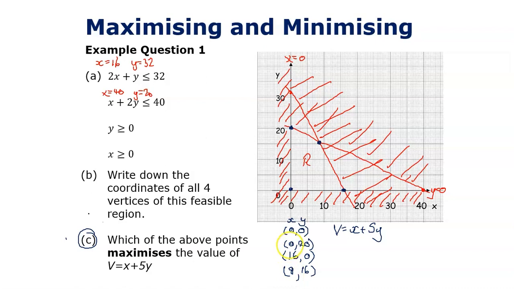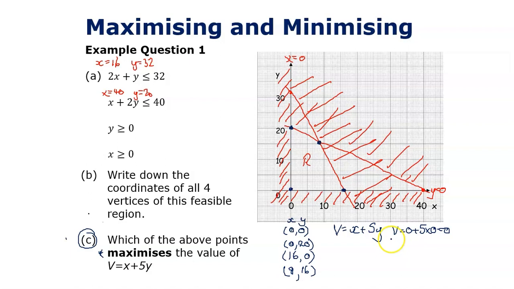And my job is to sub these coordinates into this, what's called an objective function, to find which one will maximize it. So let's sub these in. So I've got 0, 0. Now if I sub these in, you'll quickly realise I get v equals 0 plus 5 times 0, which is 0.